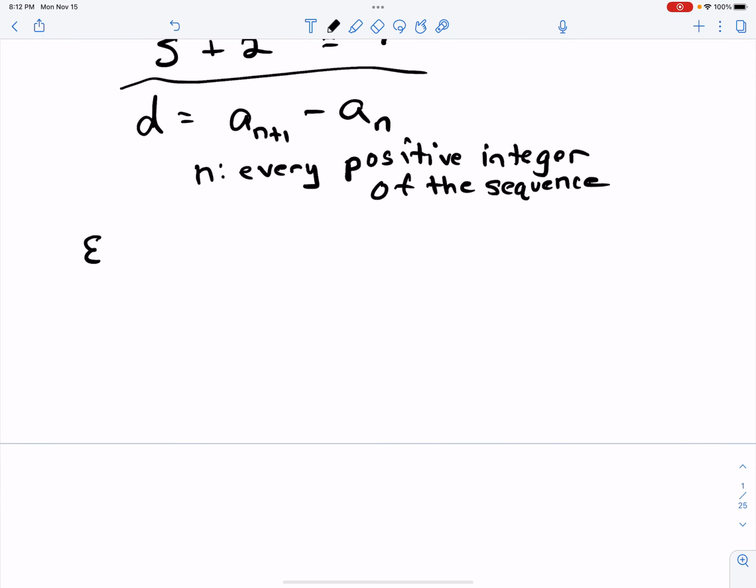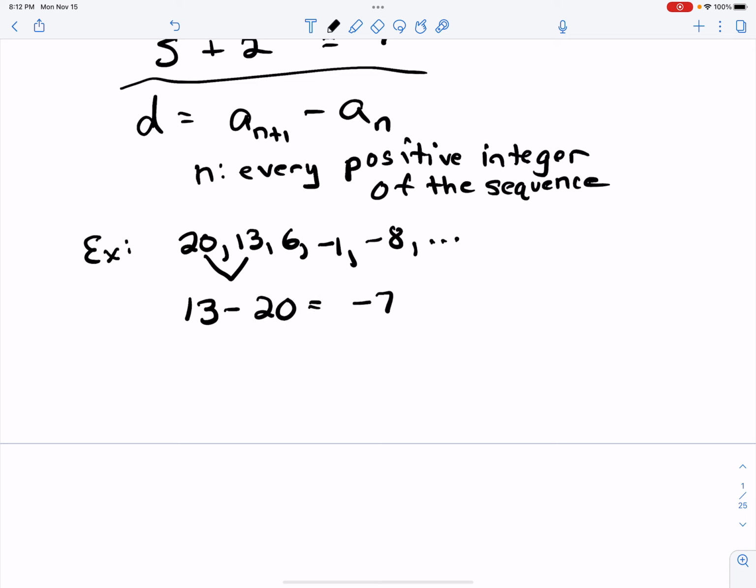Another example, let's say you have the sequence 20, 13, 6, -1, -8. This is an example of an arithmetic sequence. And in order to find the common difference, you can take any 2 consecutive terms, take the one on the right, subtract the one on the left, and that'll get you your common difference, which in this case is -7.